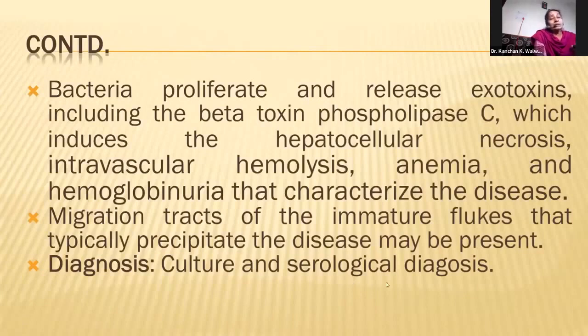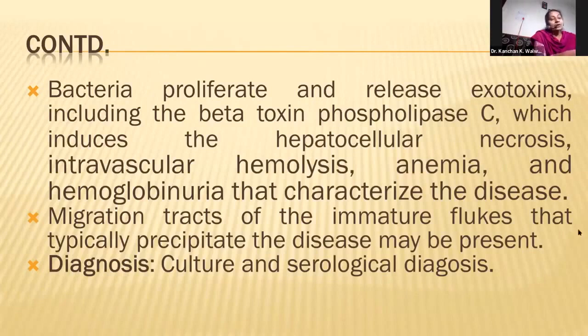Clostridium have that tendency to release toxins, so they release exotoxins, including the beta toxin phospholipase C, and this causes hepatocellular necrosis. This also leads to intravascular hemolysis because of a shortage of certain types of proteins and amino acids in the blood, which are synthesized by the liver.